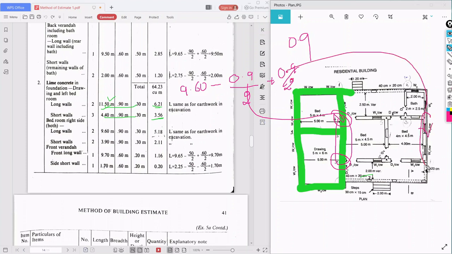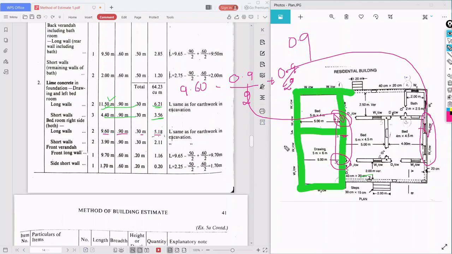If it is not there, we have to do it fresh, which means we keep it positive. Multiplying by 9.60, width 0.9, height 0.3, you will get 5.18.